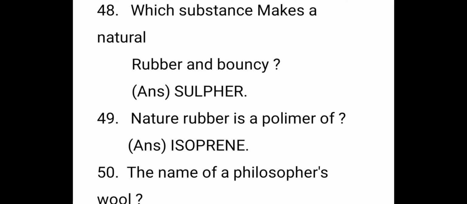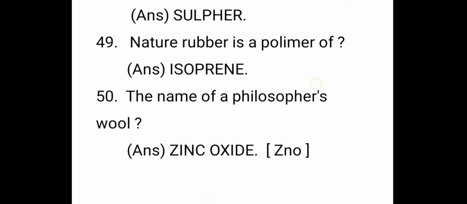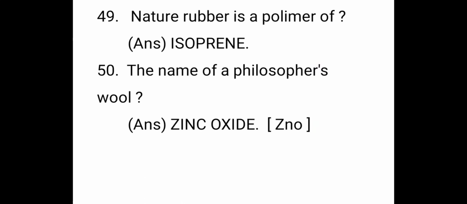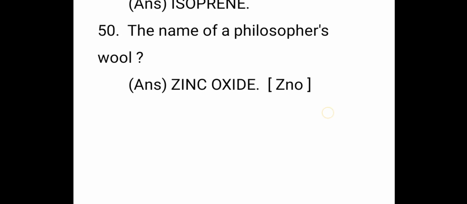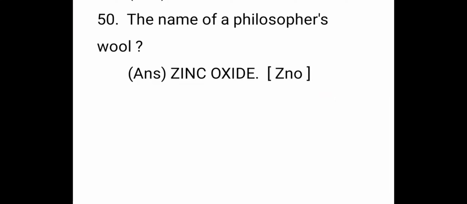In the vulcanizing process, when sulfur is added, it becomes bouncy and very soft. The next question, natural rubber is a polymer of isoprene. The next question, the philosopher's wool is called zinc oxide.